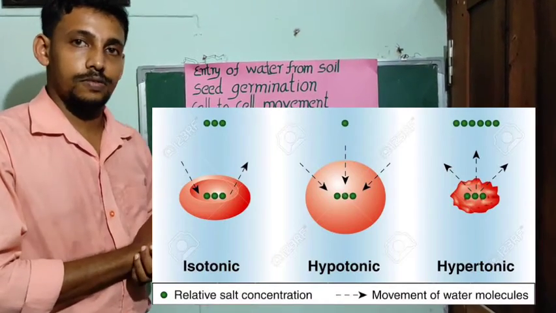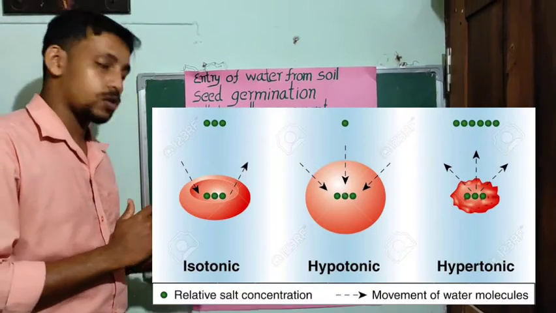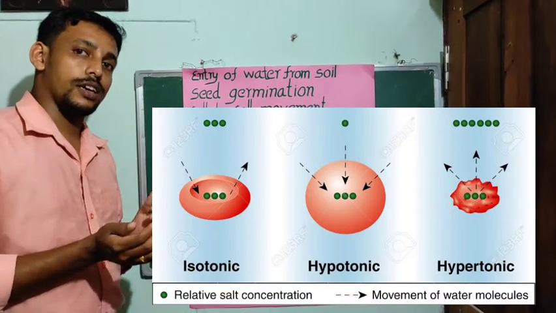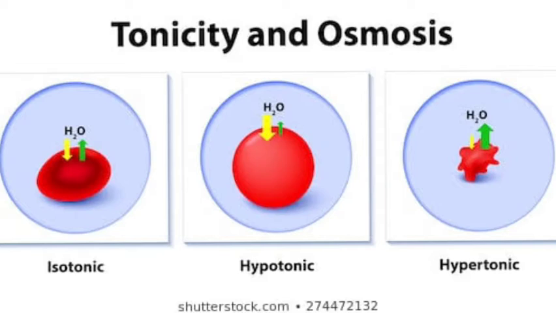So there are three types of solution: isotonic, hypertonic, and hypotonic. It is based on the relative concentration of the solution, which determines the direction and the extent of diffusion.